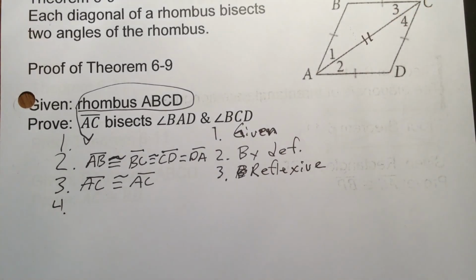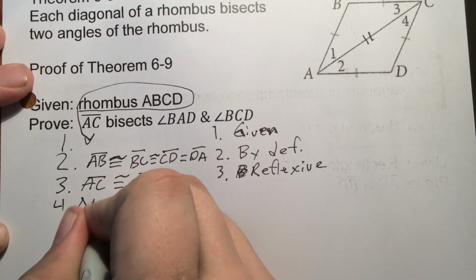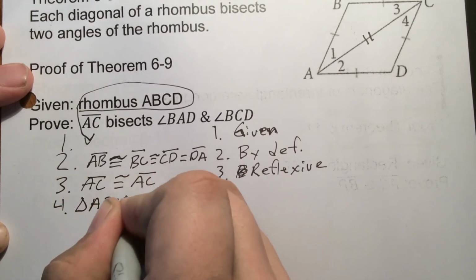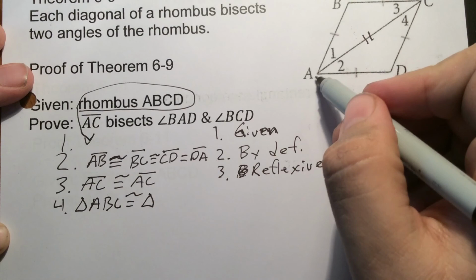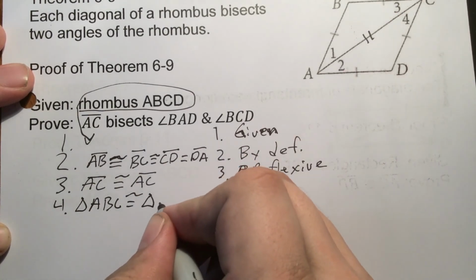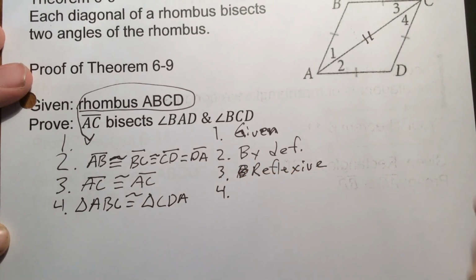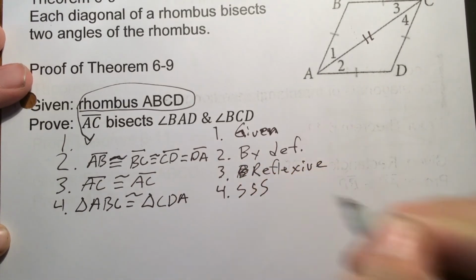So now, again, we're going to try to show that these triangles are congruent. So triangle ABC is congruent to triangle DCA or CDA, and that would be by side, side, side again.